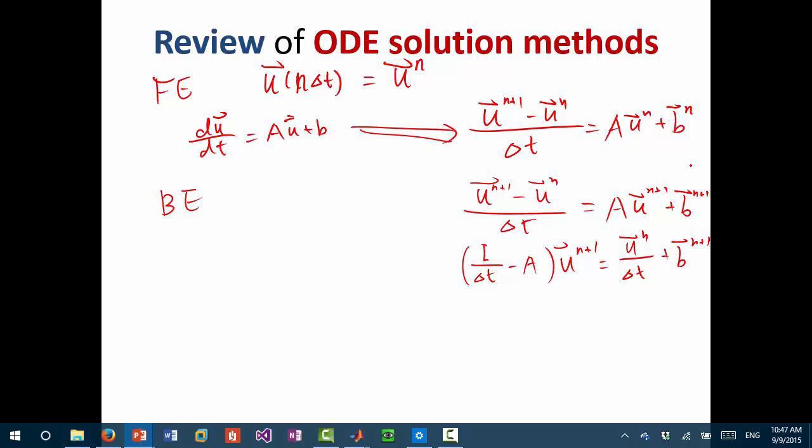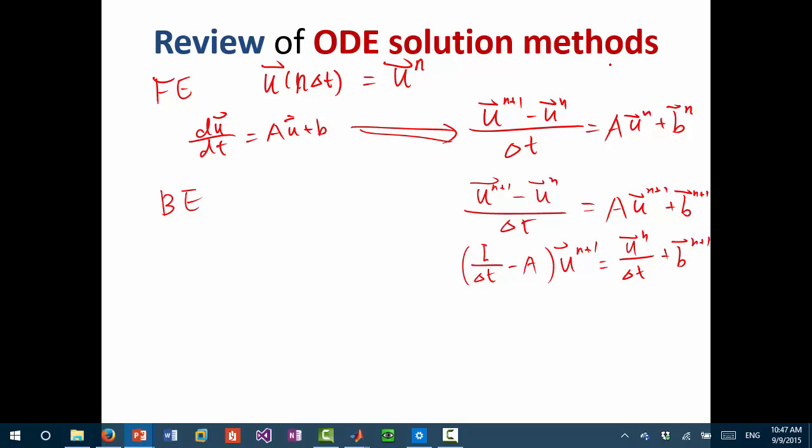If you move the unknown to the left hand side and the known to the right hand side, you find you have a matrix system to solve. You need linear algebra for that, where for forward Euler you don't. That's the difference between explicit methods, which is forward Euler, and implicit methods, which is backward Euler.